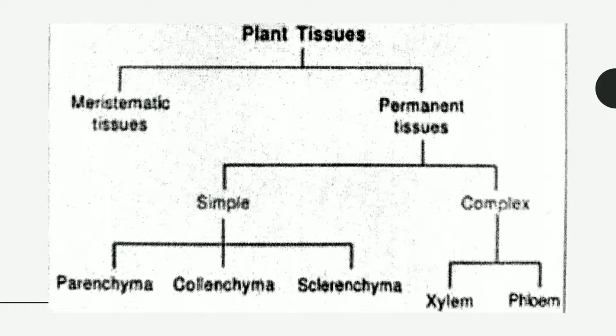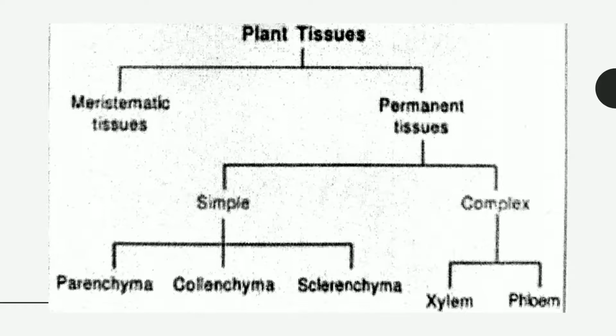If we talk about the permanent tissues, they are no longer isodiametric in shape. Sometimes they may have a thick or thin cell wall. Cytoplasm is not present that much, and relative to meristematic cells, the nucleus present in the permanent tissue is smaller.